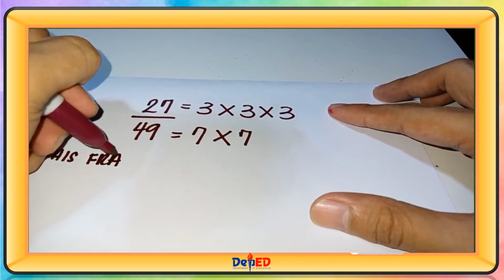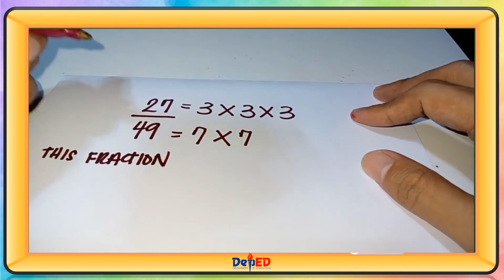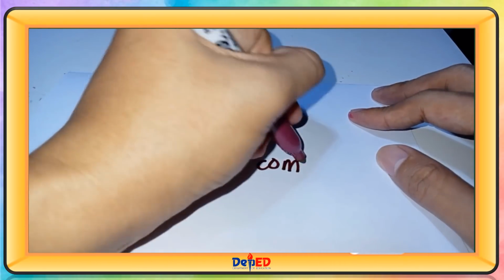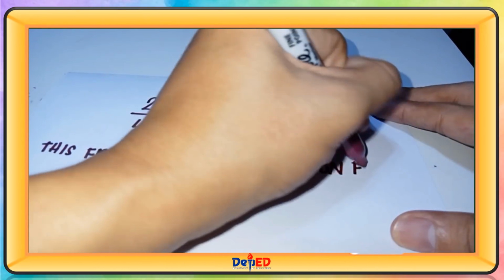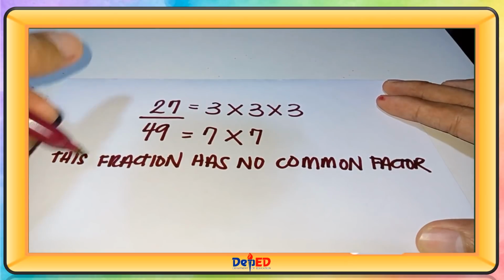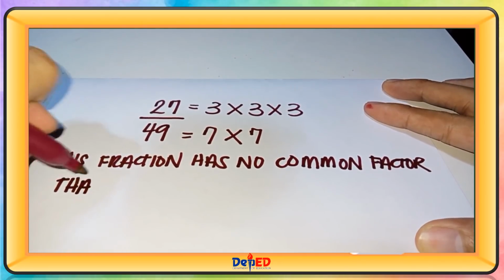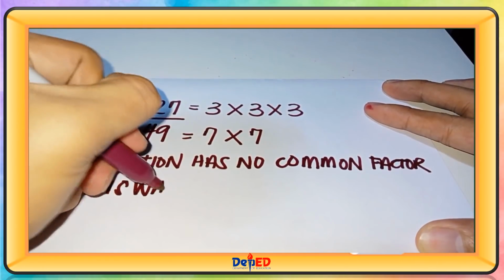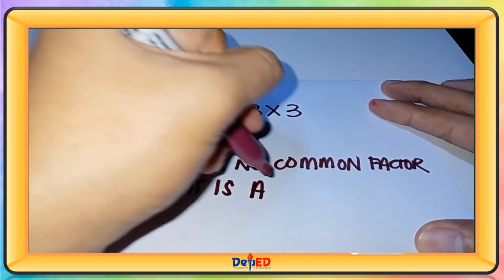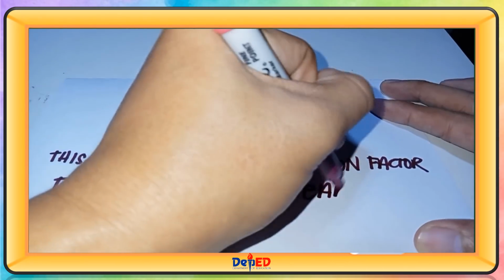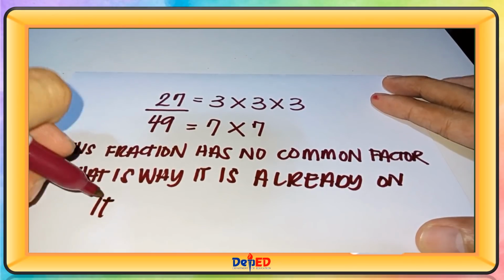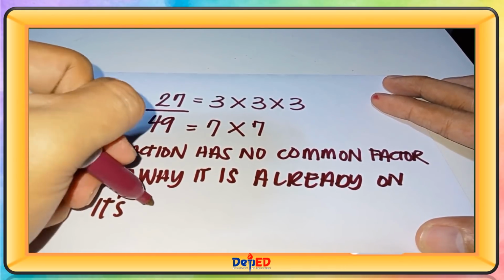This fraction has no common factor. That is why it is already in its simplest form.